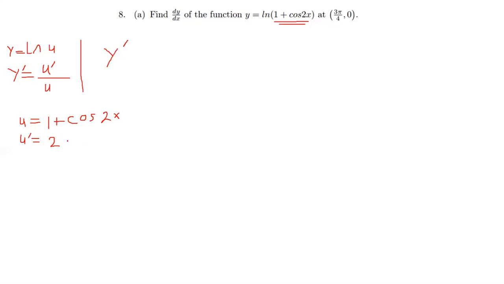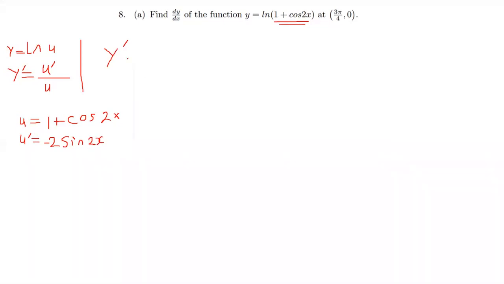When you differentiate cos, you always get a negative sign, negative sin 2x. So this is u prime.